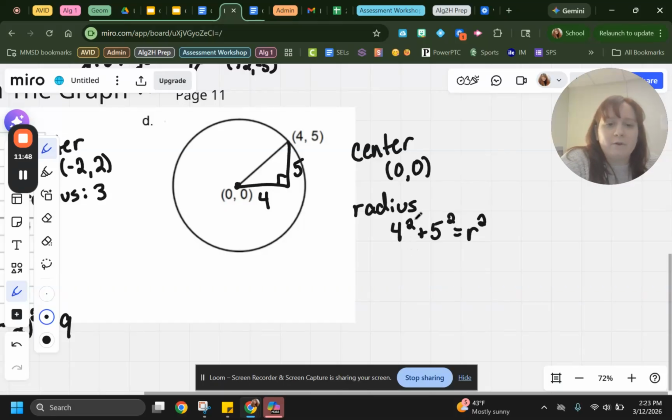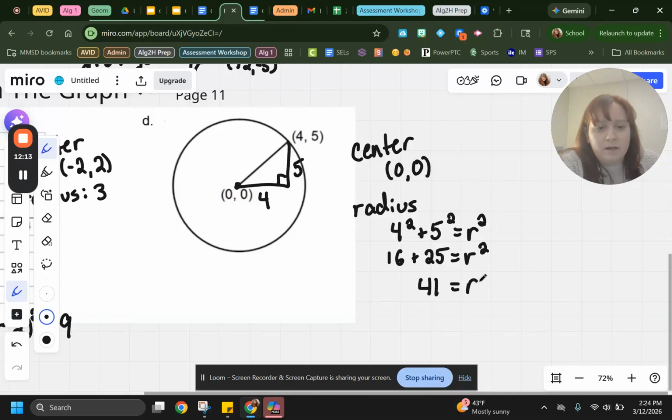So now I have 4 squared plus 5 squared, so that's going to be 16 plus 25 equals our radius squared. If I start adding all of these together, let's see what we get. Don't have that right off the top of my head today. All right, it's going to be 41. And 41, this is going to equal our radius squared.